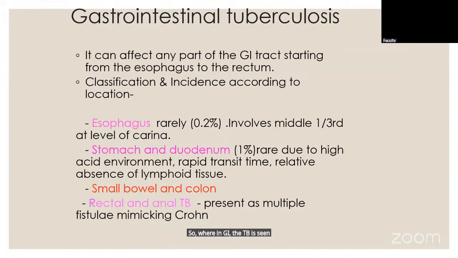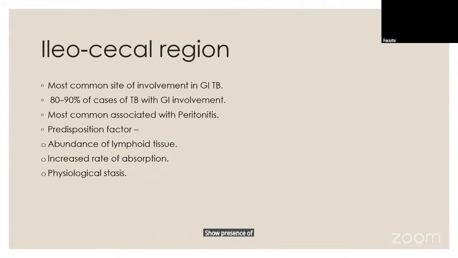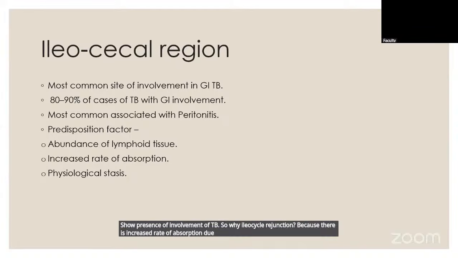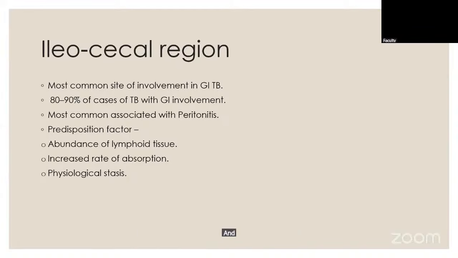So where in the GI tract is TB seen? As you all know, the commonest involvement is the ileocecal region and the ascending colon, but the rest of the bowel loops can also show involvement of TB. Why the ileocecal junction? Because there is increased absorption due to physiological stasis and abundance of lymphoid tissue, which helps in the growth of TB organisms.